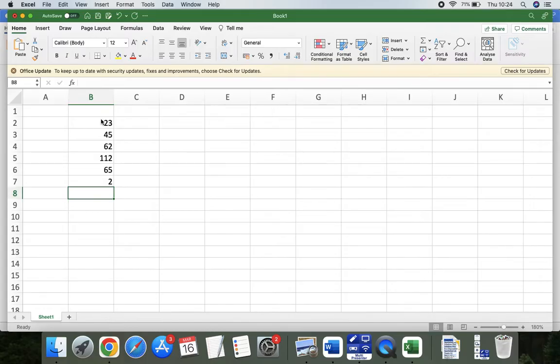So this is the data I have. Now you want to normalize. You can already see that there are certain values which are way above the general range.